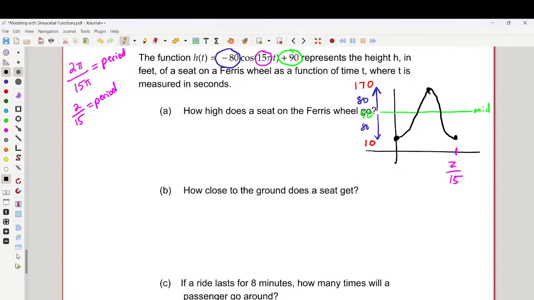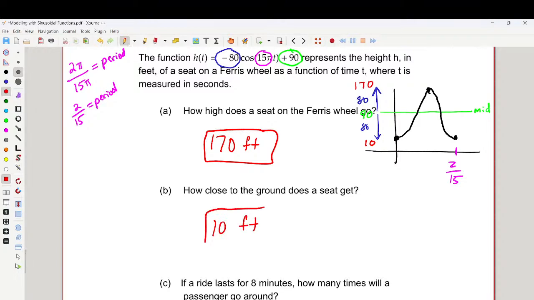Part A. How high does a seat on the Ferris wheel go? 170. How close to the ground does it go? Look at that. Here's where we just got to do a little bit of thinking here. If a ride lasts for 8 minutes, how many times does a passenger go around?